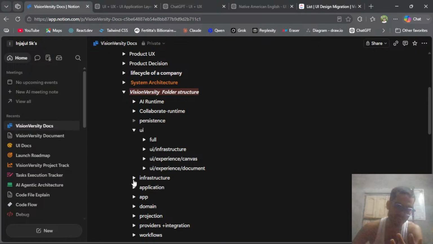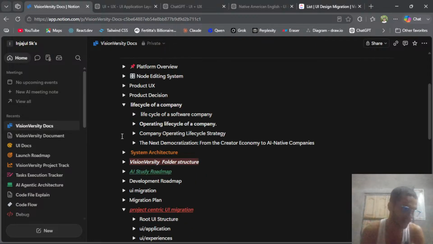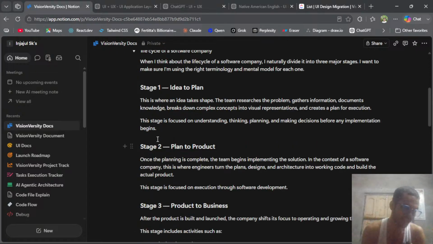First I want to tell you, before what I'm building, let's understand the life cycle of a company. We have three stages. To build a software company, we have to go through three phases. If you are building something production ready, first is idea to plan, second is plan to product, third is product to business.